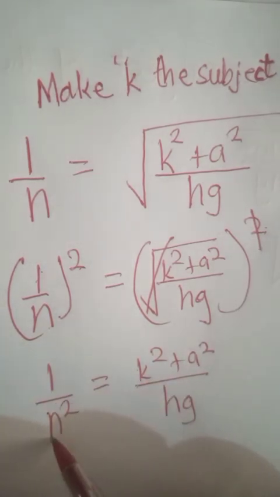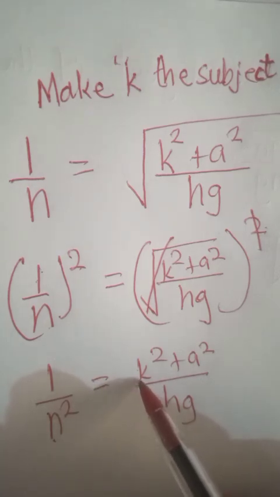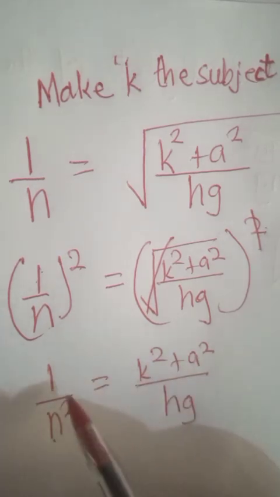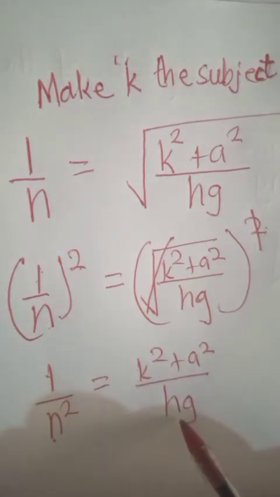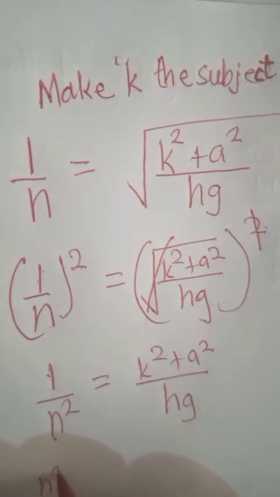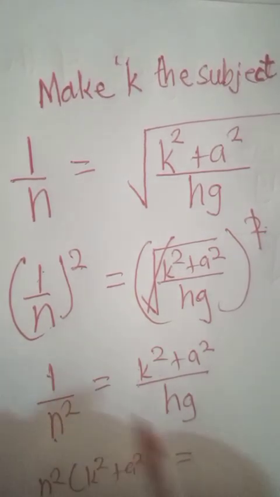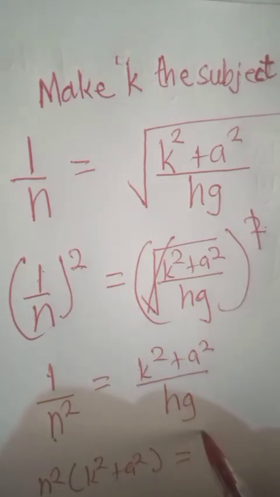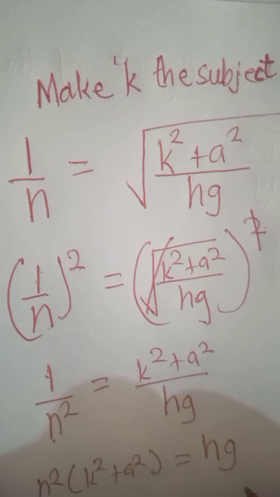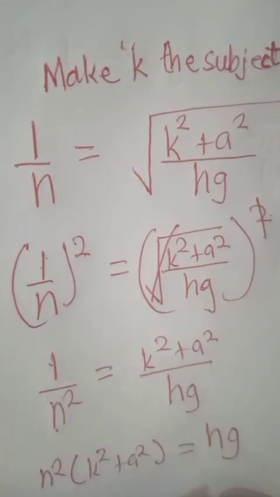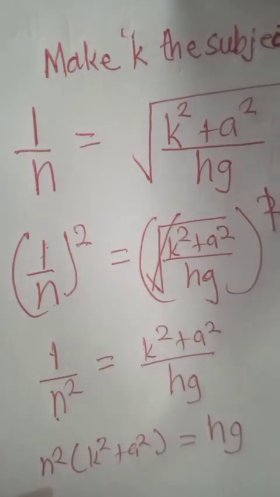I'm going to use the n squared to multiply k squared plus a squared, and then 1 to multiply the hg. So we have n squared into bracket k squared plus a squared equals 1 multiplied by hg, which will give us hg.